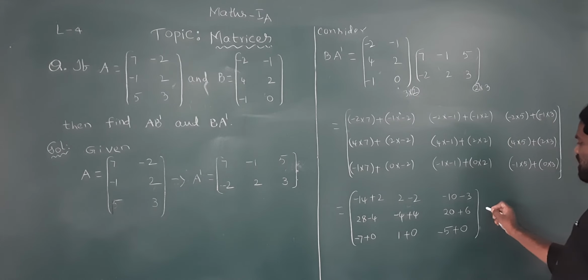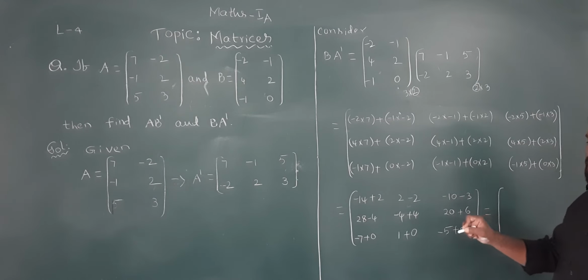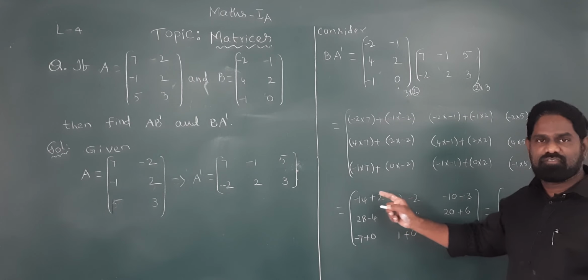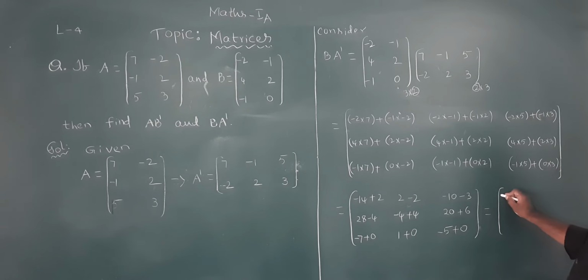The answer will come as minus 14 plus 2, minus 12. 2 minus 2, 0. Minus 10, minus 3, minus 13.